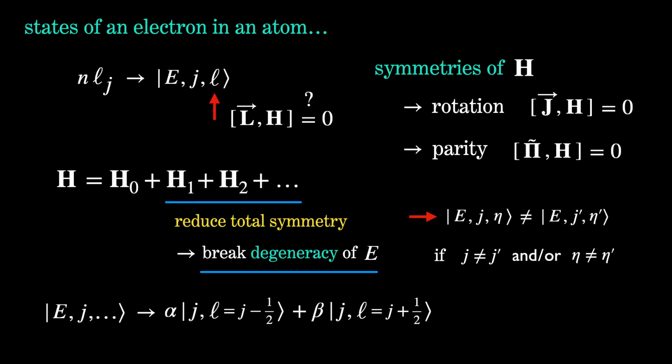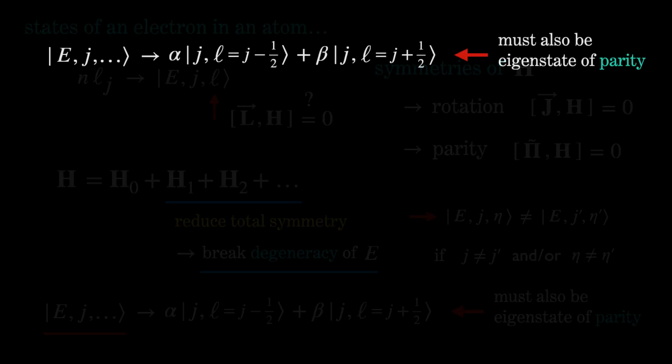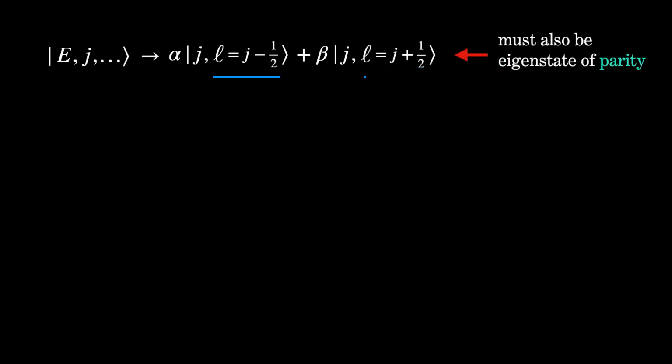In this way, a state with definite energy Ej must also be an eigenstate of parity, since no two states with different parities can have the same energy. These two states, which could have made up the state Ej, have different orbital angular momentum. But these correspond to different parities.